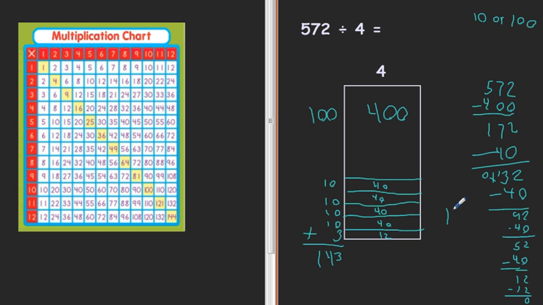So over here, I'll check 143. Multiply my quotient times my divisor, which is 4. 4 times 3 is 12 plus 1. So now we do 4 times 4, which is 16.